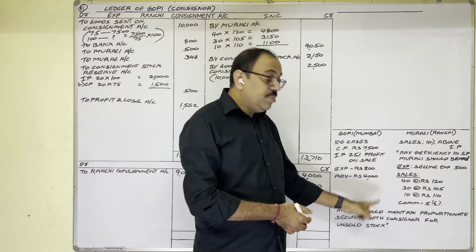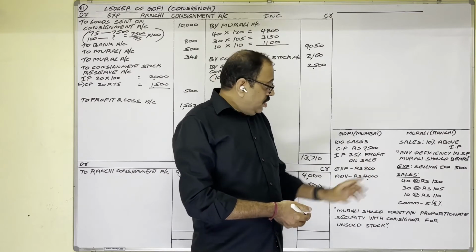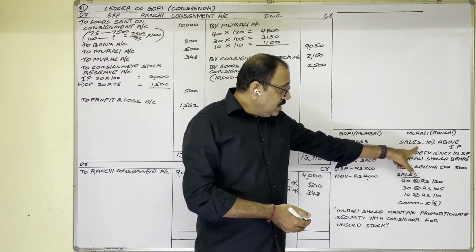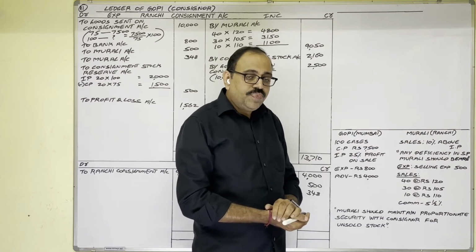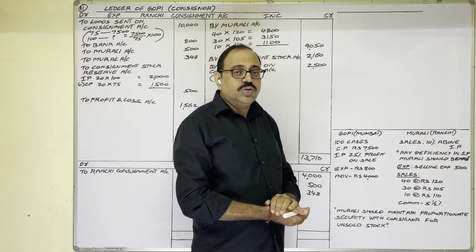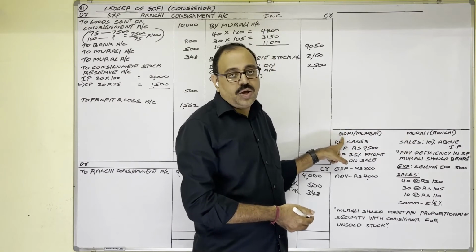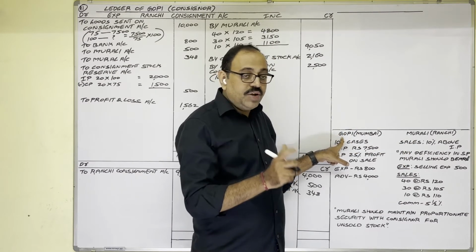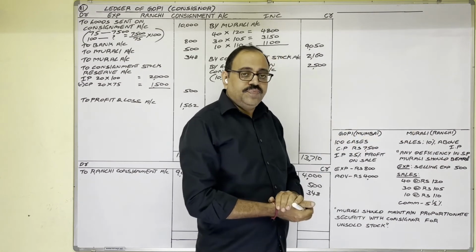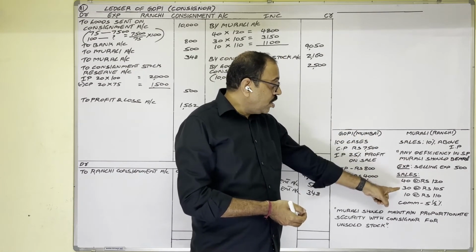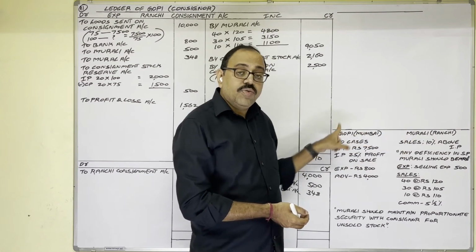So security means advance. And with the consignee, there is some unsold stock, no? So for that unsold stock also, consignee has to give some security to consignor. This is the agreement between consignor and consignee. Thus, for unsold stock also, consignee has to pay the advance to consignor.